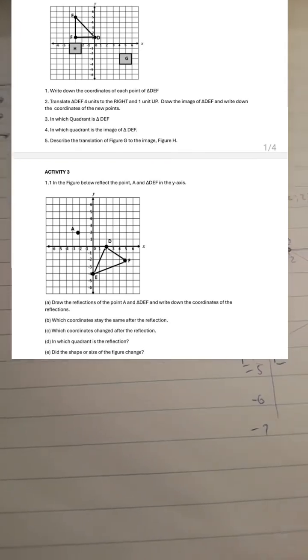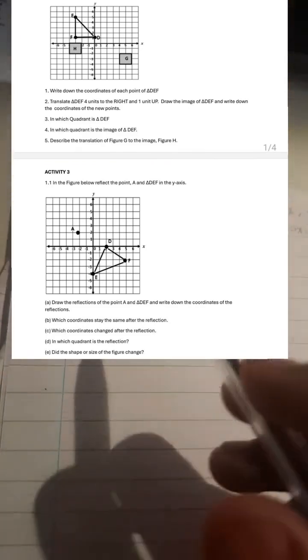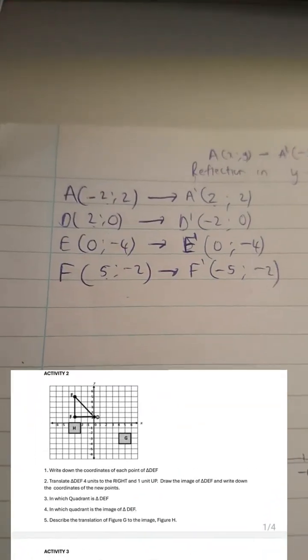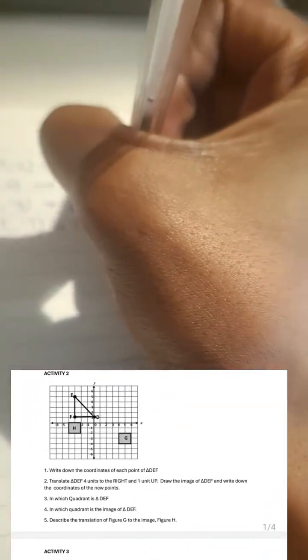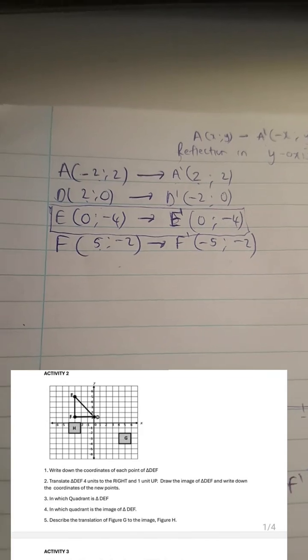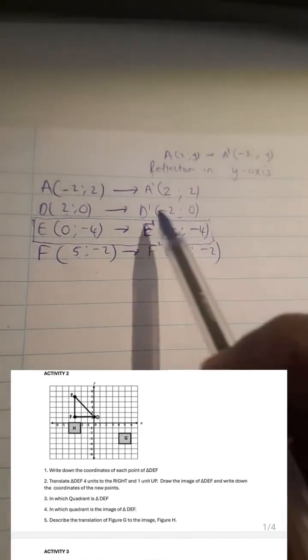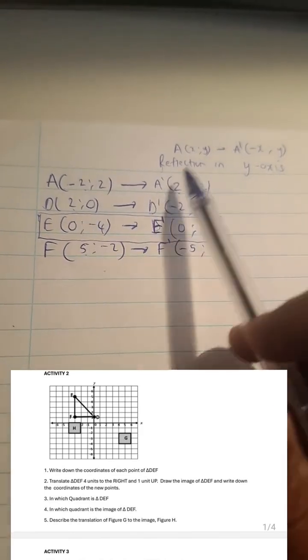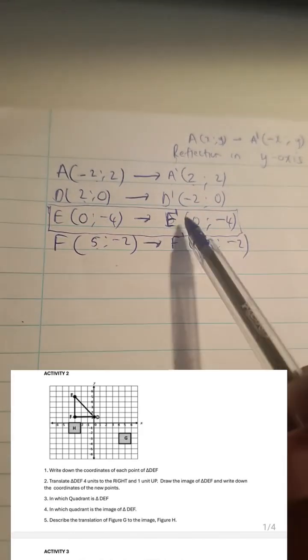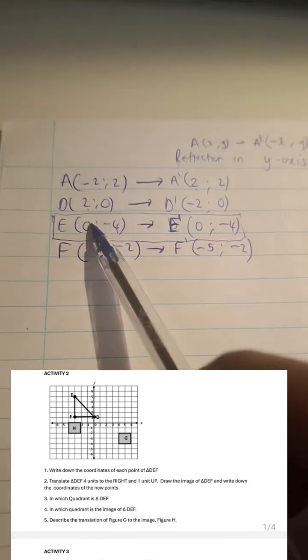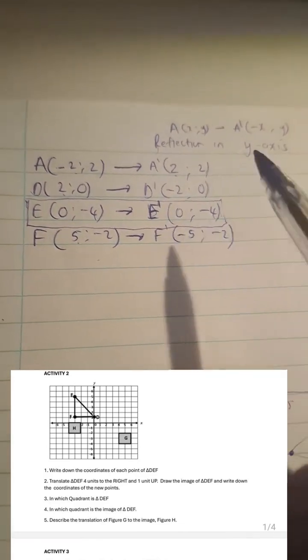Now the question that follows after A under Activity 3 is B, which says which coordinates stay the same. I'm sure you saw the coordinates that stay the same. We can clearly see that E and the image of E stay the same. Why was that the case? It's because if we are reflecting along the y-axis and the x-coordinate is 0, remember 0 is neutral, so 0 remains unaffected.